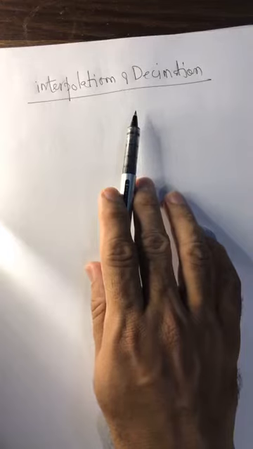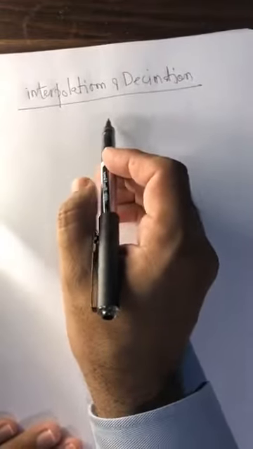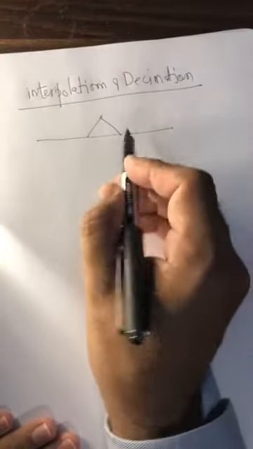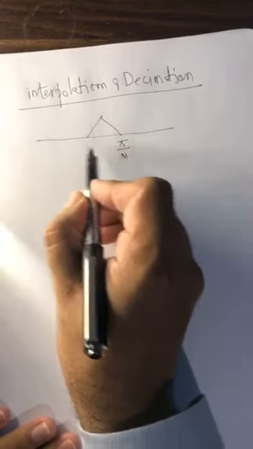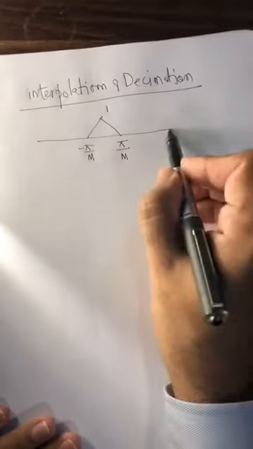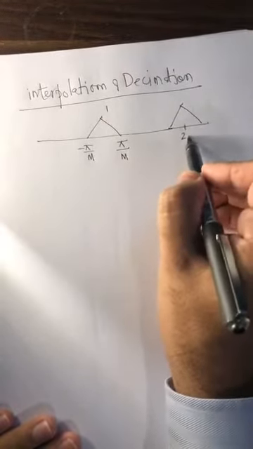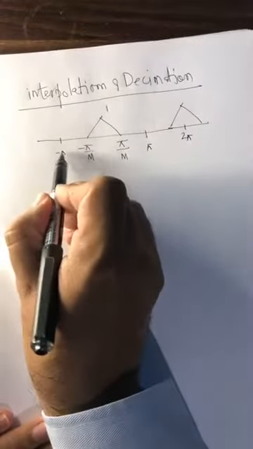So in decimation, if you remember, we discussed that decimation is just throwing away of samples. Last time we did this: the spectrum has amplitude 1 from minus pi over M to pi over M, with a replica at 2 pi; this is pi, this is minus pi.